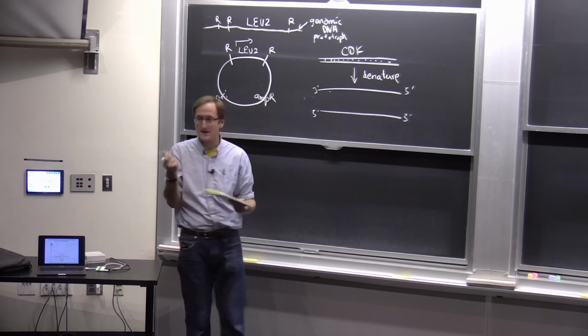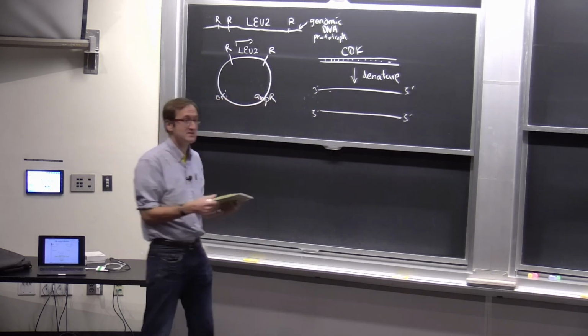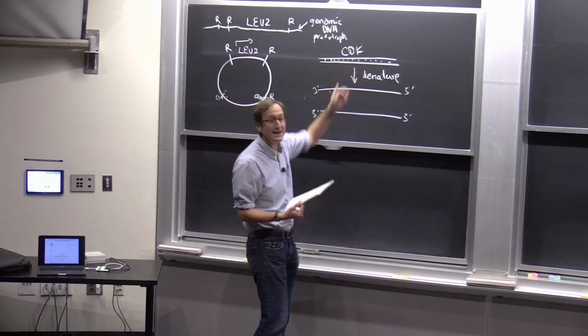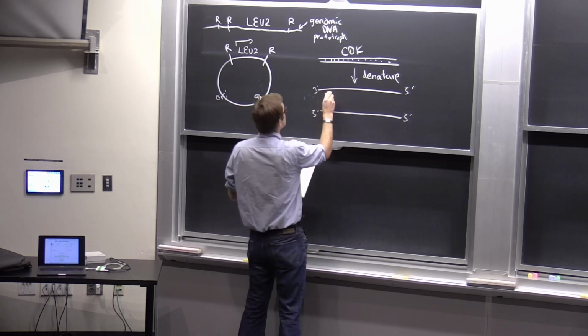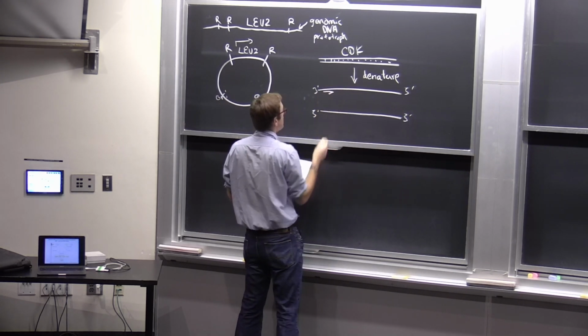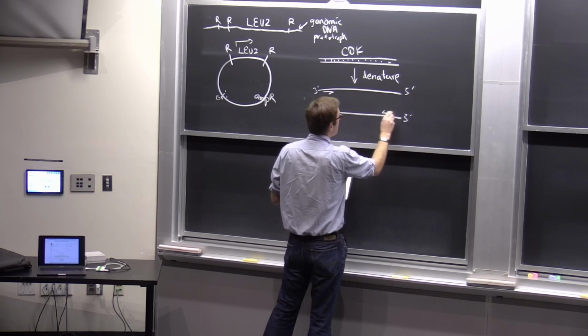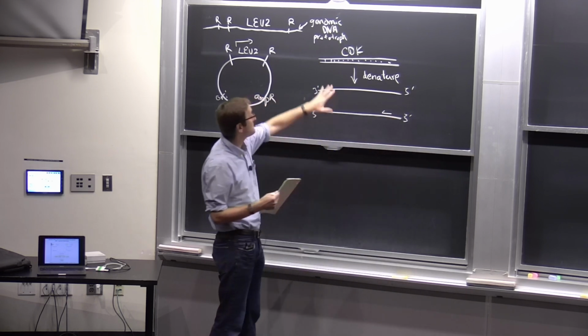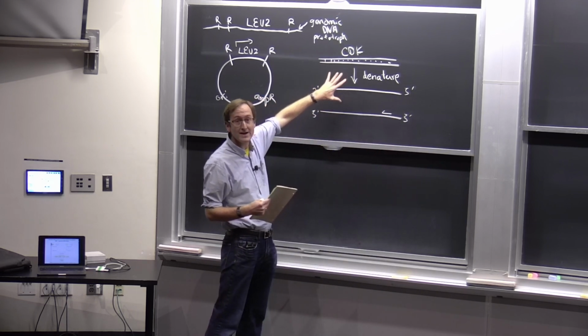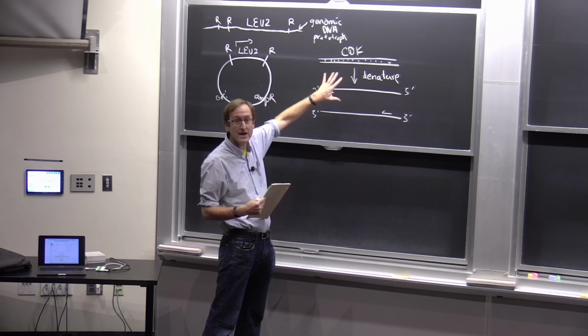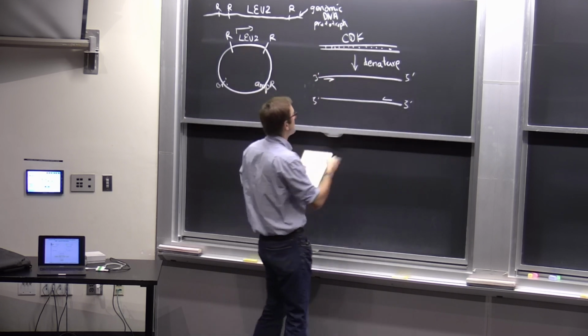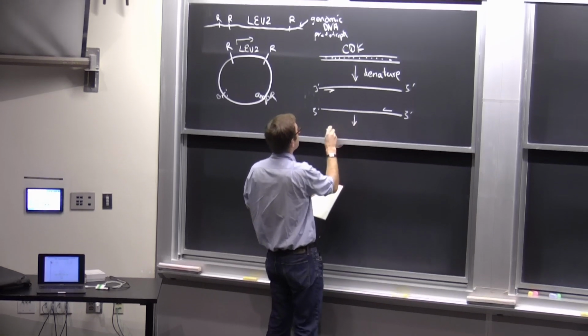And you could then design primers that recognize unique sequences flanking the CDK gene. So you can imagine you'd have a primer here and a primer here. And then you could use PCR to amplify specifically the CDK gene from, it could be the genome or from some library.